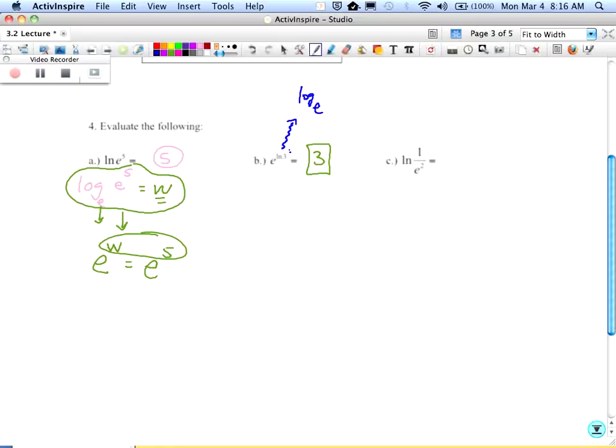Like if you said it's equal to w here. Log base e of 3 is equal to w, right? Does anybody know what w is? No, we don't know what w is, right? So now, here, come back down here.